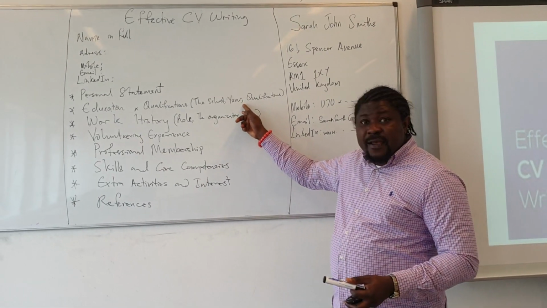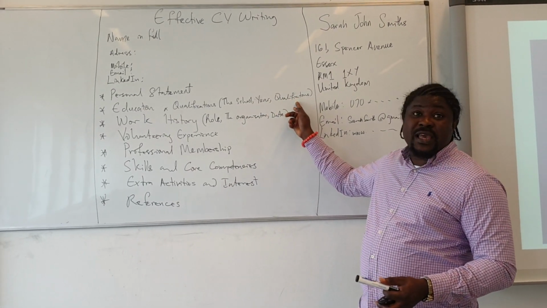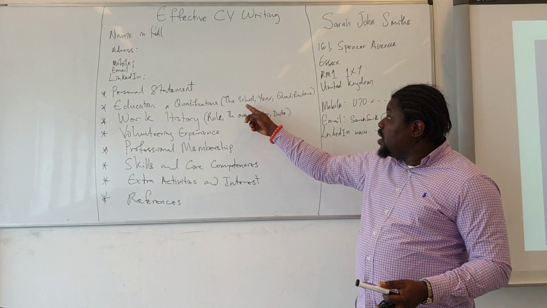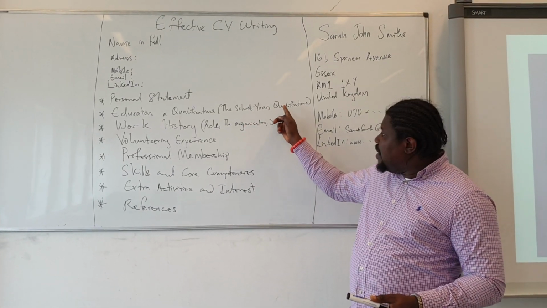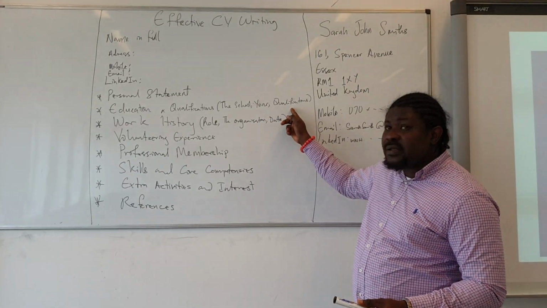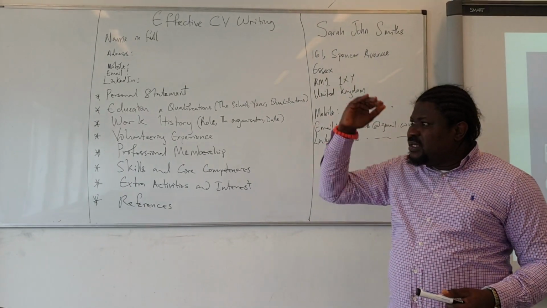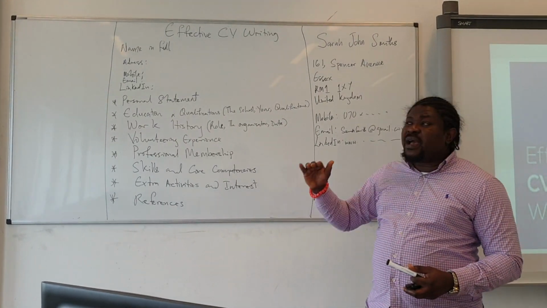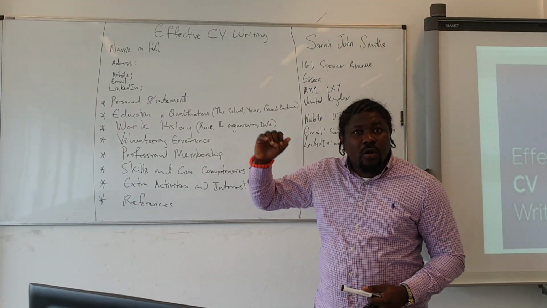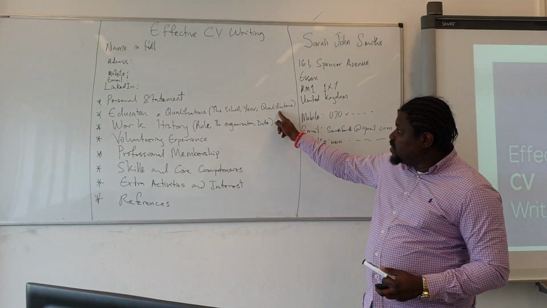You put the year, and then you put the qualifications. So rather, it will be University of Greenwich, 2019, higher national diploma. And then you state each of the educational qualifications you have. Remember, you start from the most current qualifications that you state here.